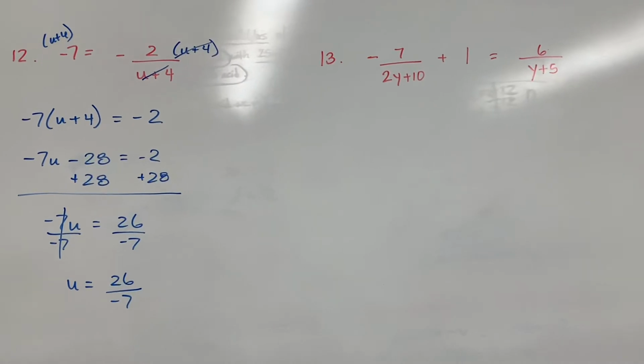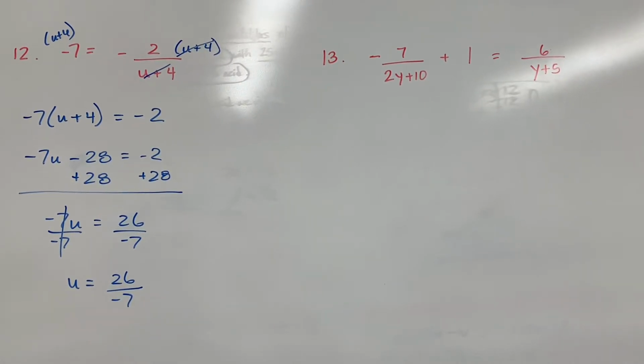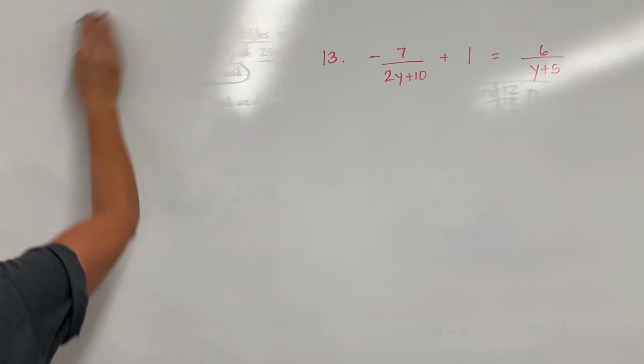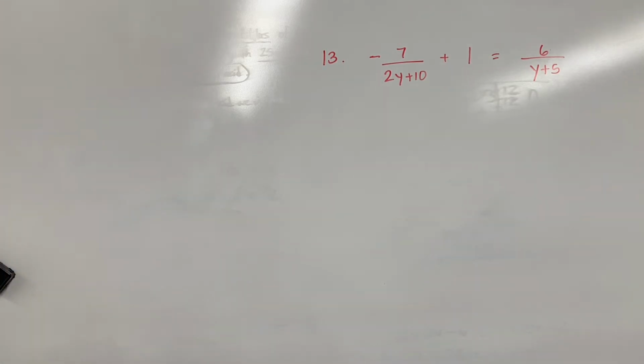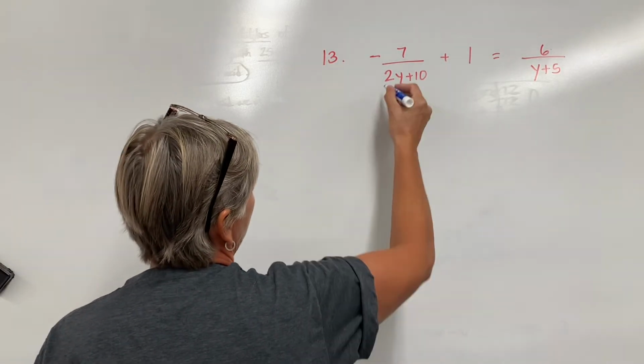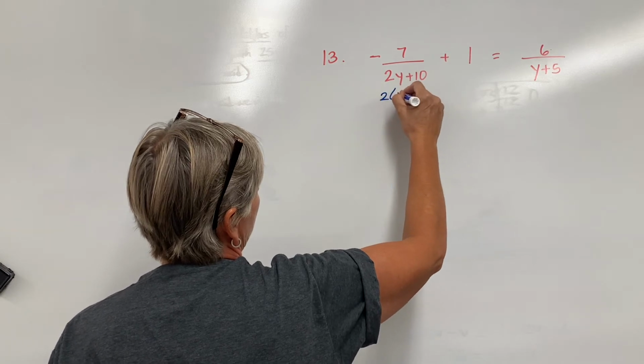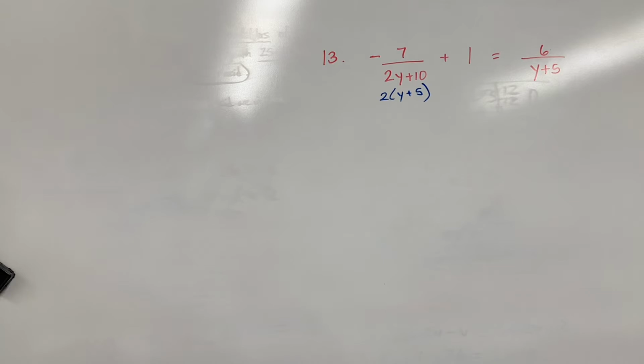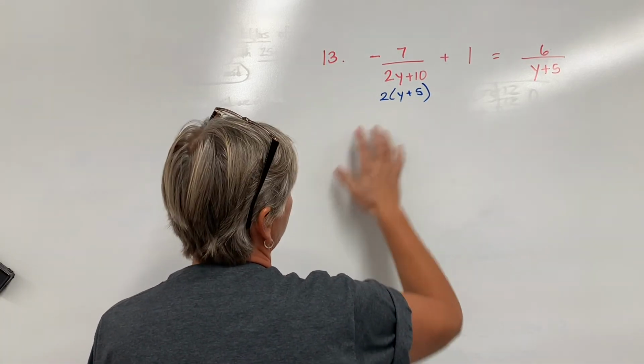Okay, so let's look at question 13. This is also a rational equation. It's a little bit harder than number 12 because we've got to figure out the common denominator. So if I factor this out, I get 2 times y plus 5. So my common denominator, what everything fits into, is 2 times y plus 5.